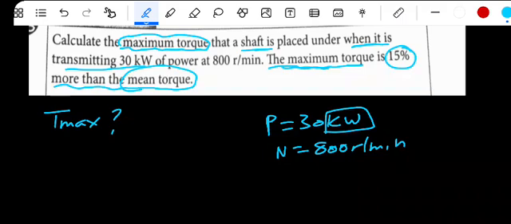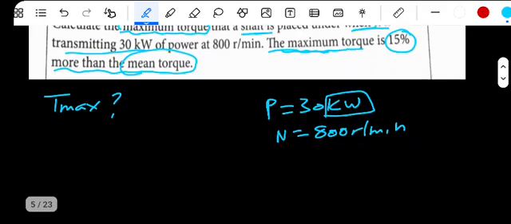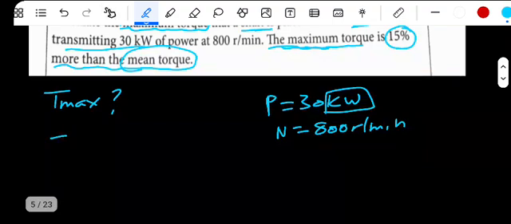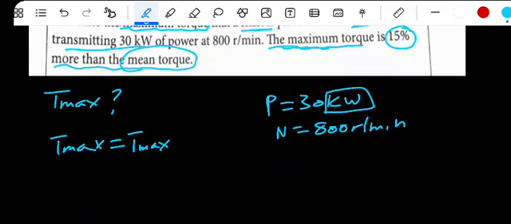So this is where the equation that we've discussed will come in. We want to calculate the maximum torque. We said the maximum torque is given by T max equals T mean into 1 plus the percentage overload divided by 100.